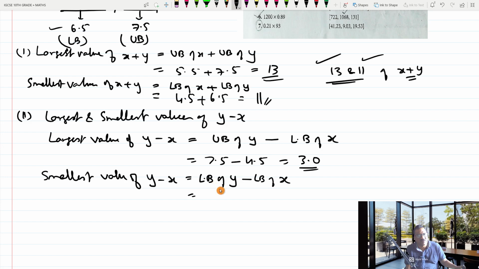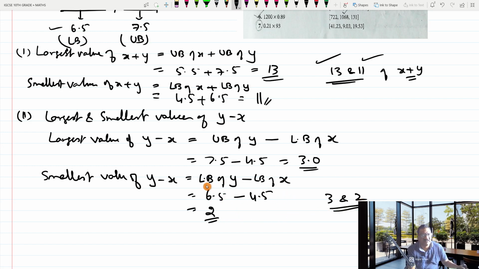So the lower bound of y is 6.5 minus 4.5. So if you work it out it will be 6 minus 4, 2. So the answer for this is 3 and 2. It should be rather 3 and 1, not 2.